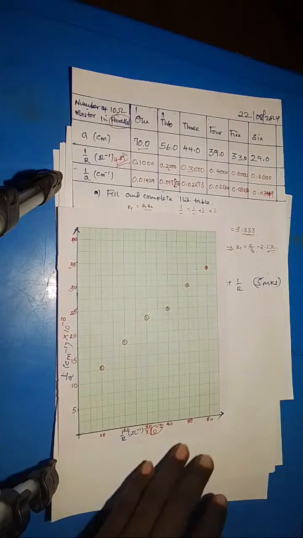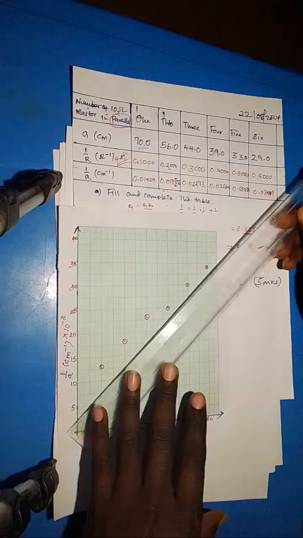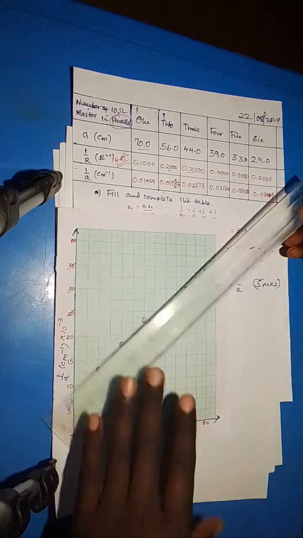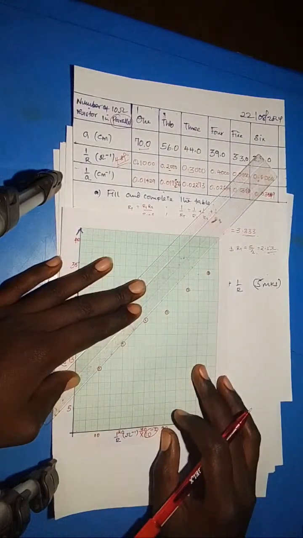Then now, I'll choose the line of best fit, where we'll have the majority of the lines taking this course. Therefore, if I draw it like this, if I hold it like this, then I will only have 3.